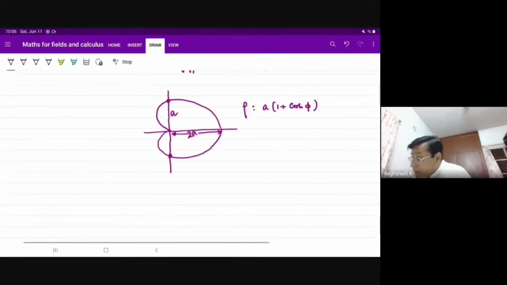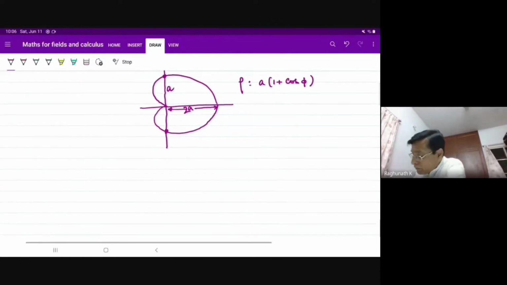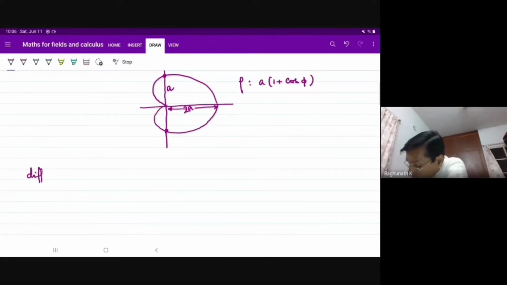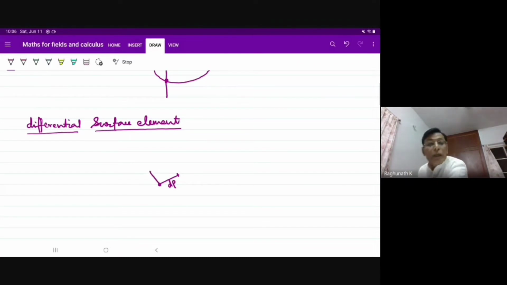The same way, check the last point. Differential surface element. Tomorrow we can start with these things. At any point, produce one side of length d rho, produce another mutually perpendicular side of length rho d phi.